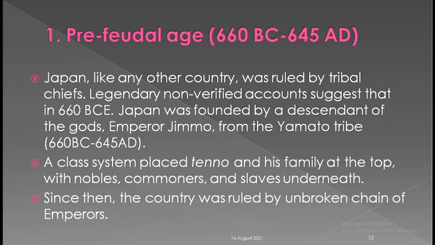Since this time, since 660 BC, the country has been ruled by an unbroken chain of emperors. These emperors continue to rule Japan even till now, though the present emperor is reduced to a symbol.